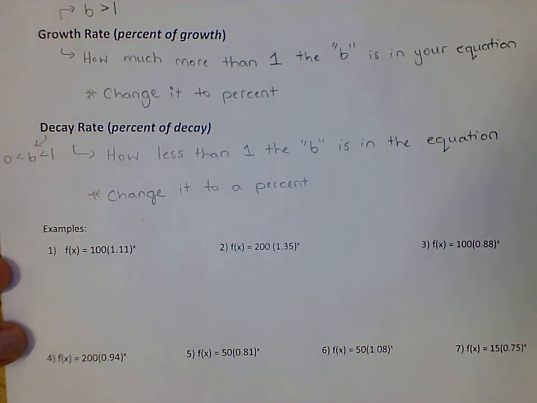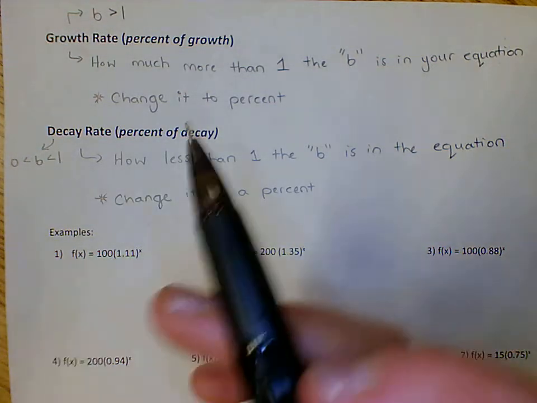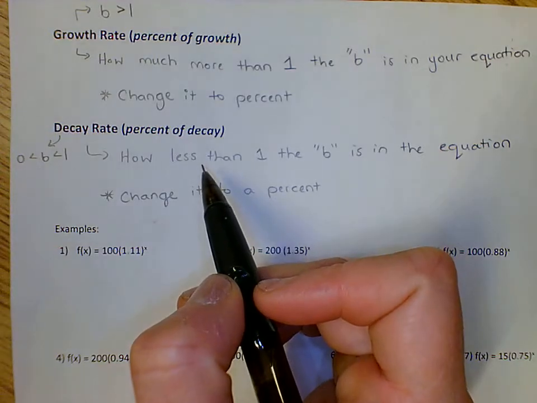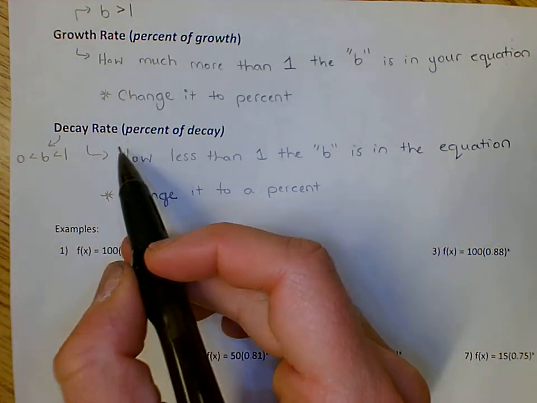So an easy thing to think about, just to get you started, is if something is decaying by 50% each time, that means that half of it is going away each time. So half of it, or 50%, would be going away. Okay, so that would be your decay rate.